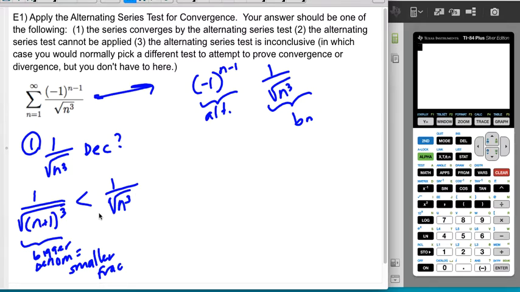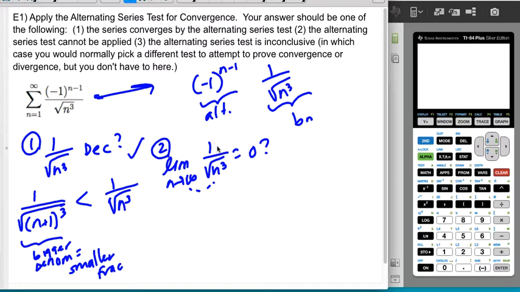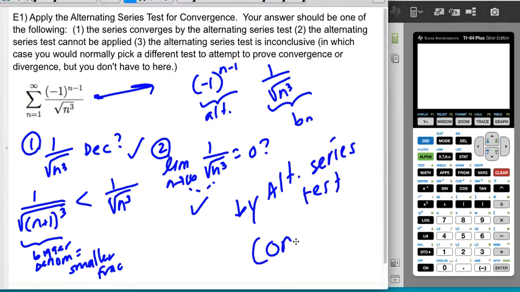So yes, it's decreasing. Second thing, is the limit as n approaches infinity of this thing equal to 0? Well, yes, because if you plug infinity in here, you get a finite number divided by an infinite number. So by the alternating series test, this thing converges.